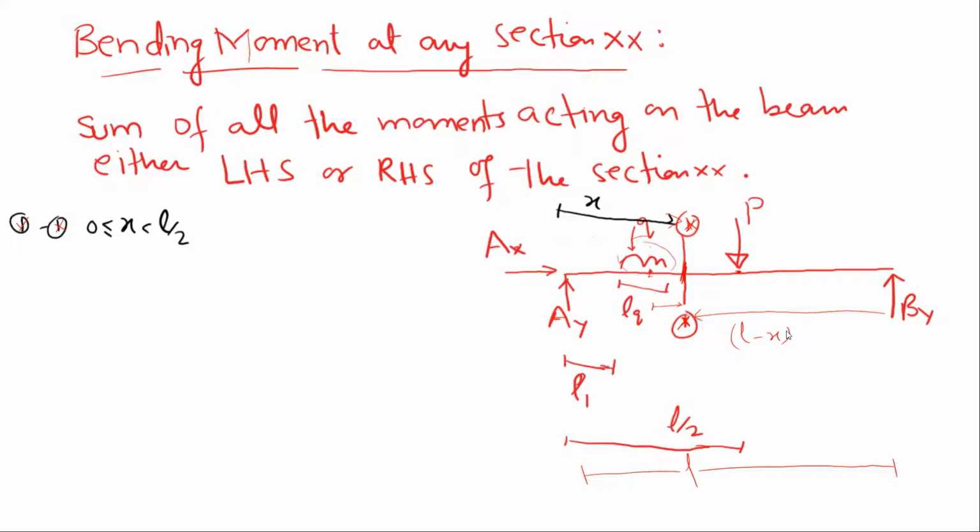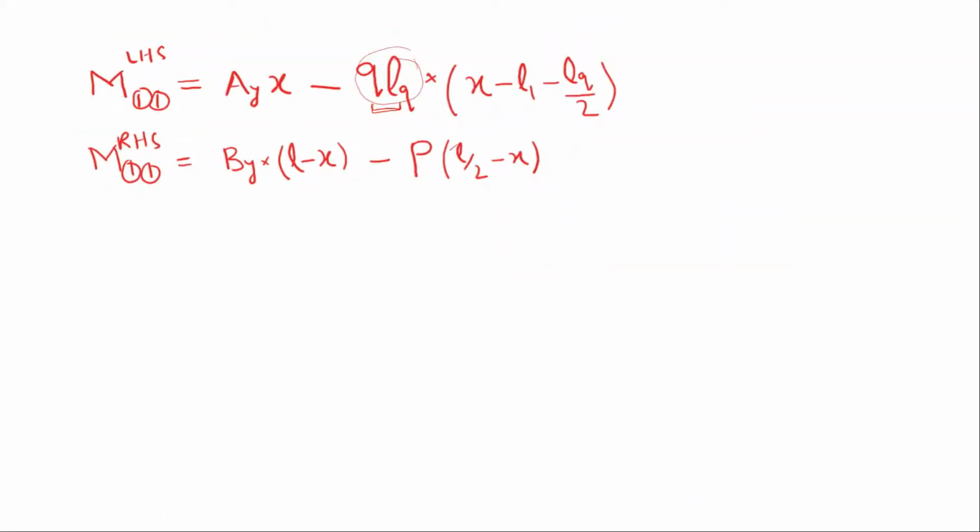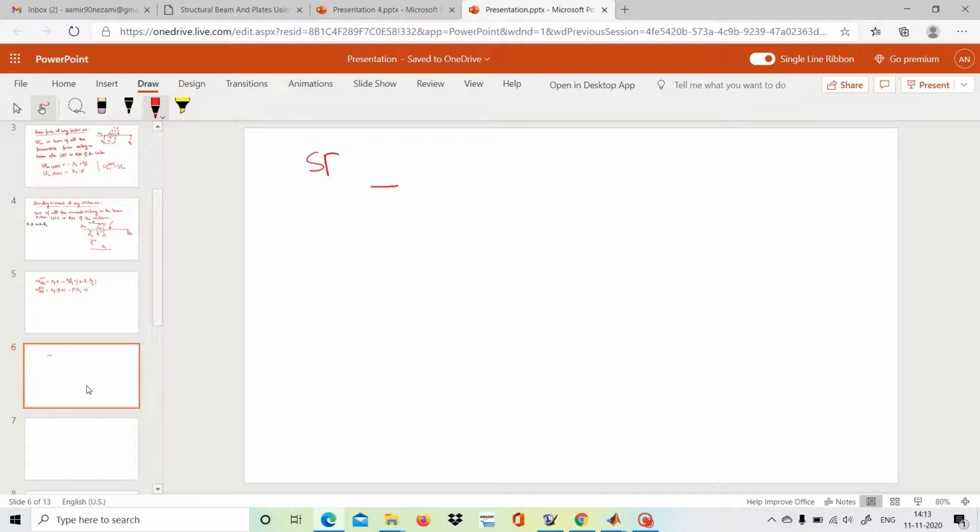And this would be P into l by 2 minus x, because it is at a distance l by 2 from both sides. Moment at 1-1 on the right side is By into l minus x minus P into l by 2 minus x. Shear force diagram and bending moment diagram.